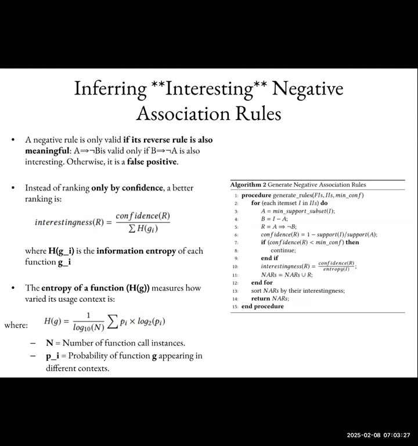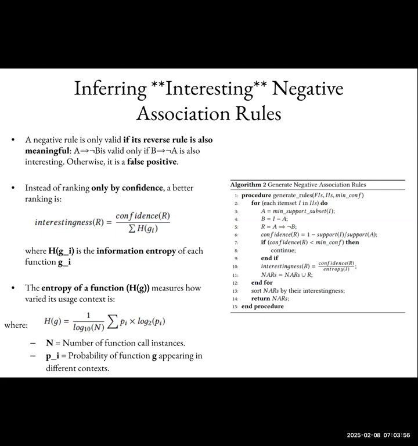Instead of ranking just by confidence, they come up with another metric called interestingness, where interestingness is confidence over the entropy. And the entropy of a function is given by this formula, which tells you how often, the number of function call instances, and the probability of the function call appearing in different contexts.